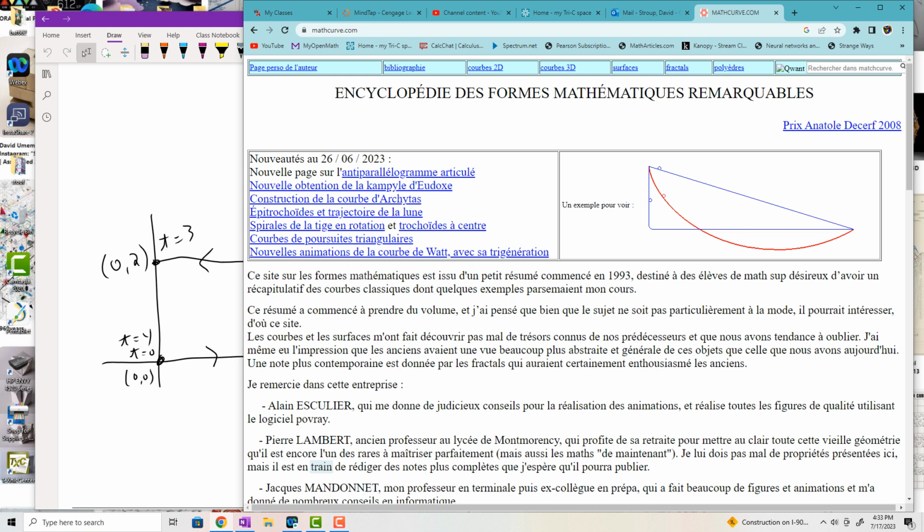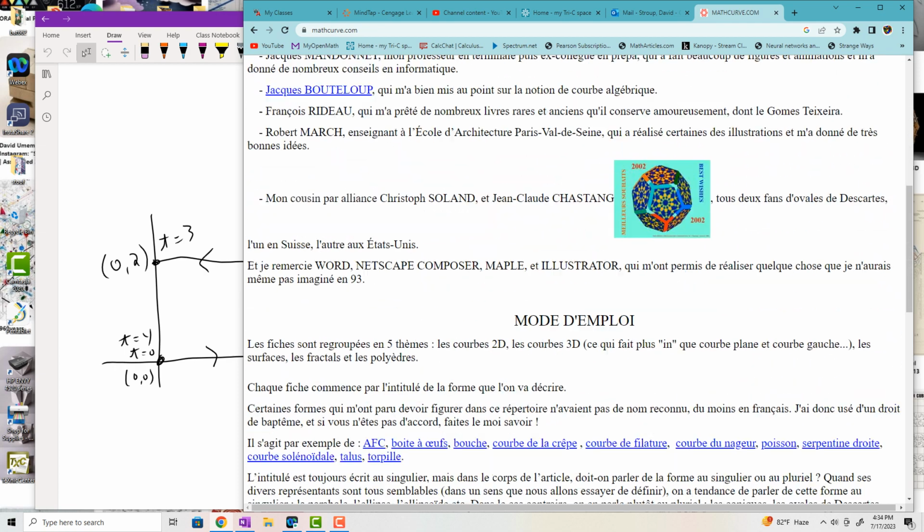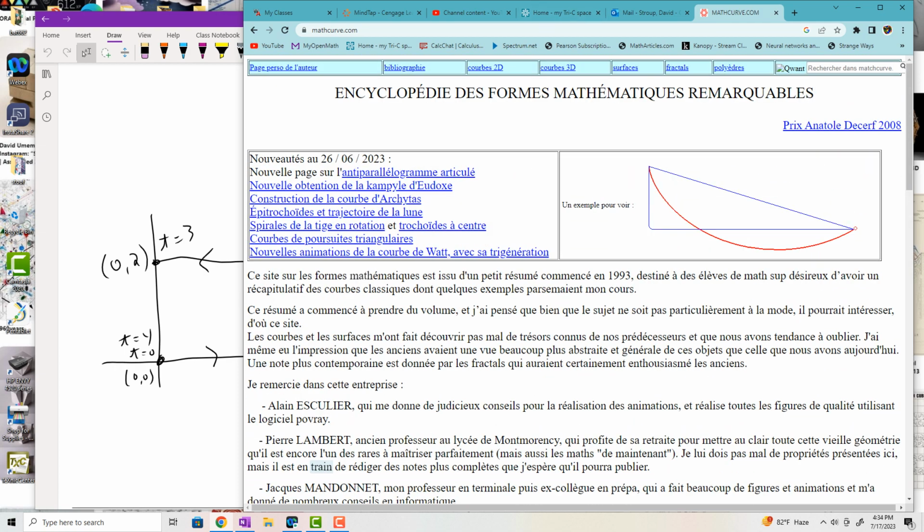Okay. And a cool thing, if you really get into parameterizing curves, is this neat encyclopedia on curves. I think the book talks about the cycloid, which is an interesting curve. But anyways, all kinds of cool geometric stuff.